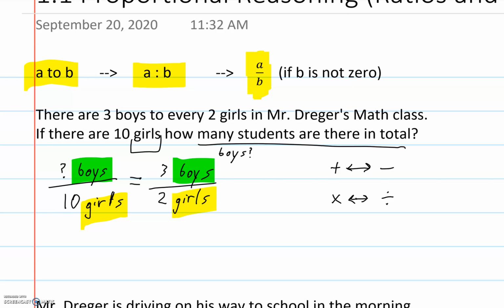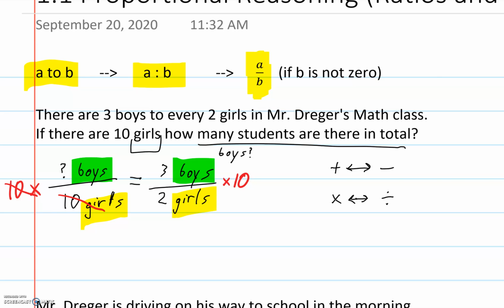Opposite operators. So here we are dividing by 10. Instead of dividing, let's multiply by 10. We're going to do it to both sides, so multiply by 10 over here, and multiply by 10 over here. What happens is, we'll cancel out this 10, so 10 divided by 10 is just 1, and it goes away.